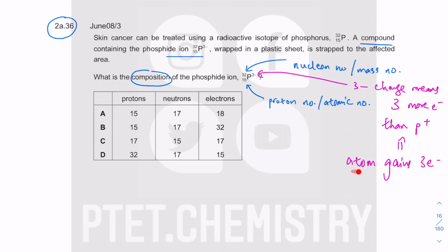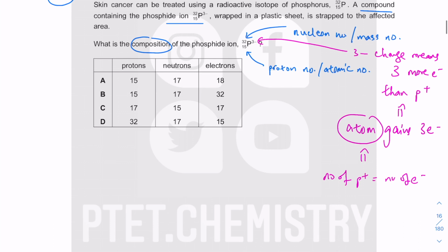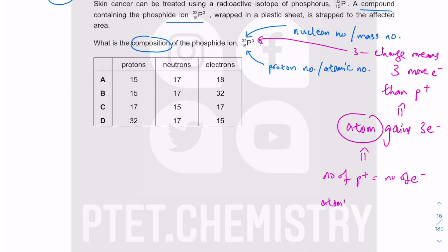When you have an atom, the number of protons equals the number of electrons, because atoms are uncharged, but ions are charged. That is because you started out from an equal number of protons and electrons, but you gain 3 extra electrons. That's why you get a 3 minus charge. That's why you become an anion, or what you call a negative ion.